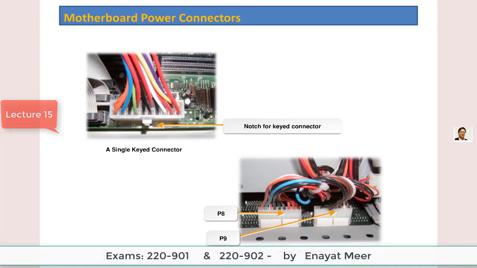We used to have these ports for P8 and P9 for the AT style old motherboard. Then we had ATX style power connector for the main motherboard, which is on the top left side, 20 pins. Then we had a BTX connector, which is a 24 pin connector.